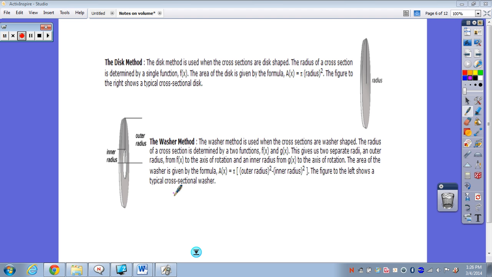So when we do these, what we're technically doing is taking the area of the whole circle, which would be pi outer radius squared, and then dx or dy depending on where we're going, and then we would subtract the area of the inner circle, which would be pi inner radius squared, and then dx.